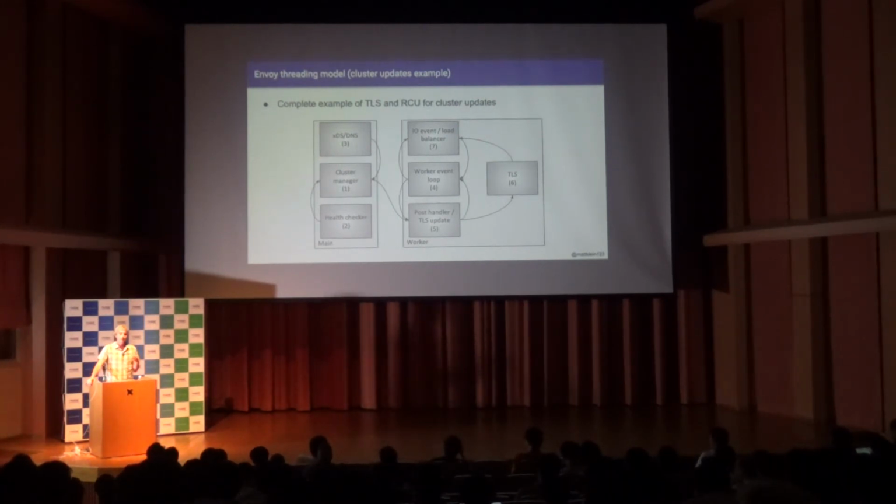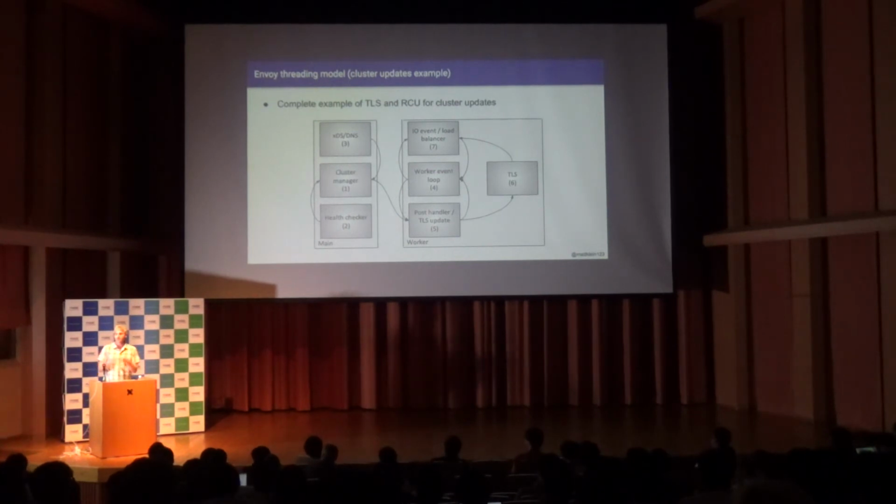Again, it might be a little hard to wrap your head around, but even within the Envoy process, because of the OS scheduler, it may not even be true that every thread in Envoy has the same host data at the same time, because there's no guarantee that the post handler will run at the same time on each thread.